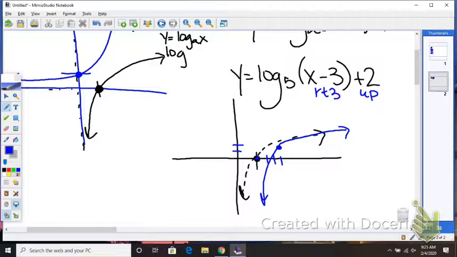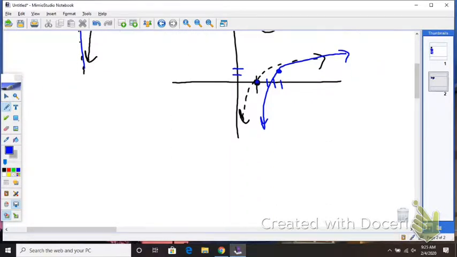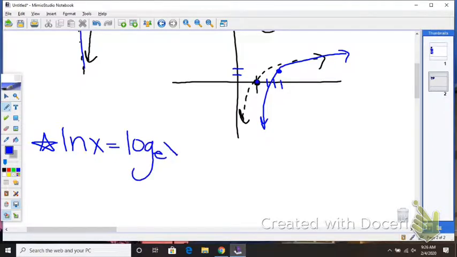Okay, the other thing I want you to put in your notes, and I think you'll remember this, is the natural log of x. Do you remember that from Algebra 2? ln is the natural log, because it's log natural, and it is the same thing as log base e of x. And everything we've talked about, everything you do, is exactly the same.